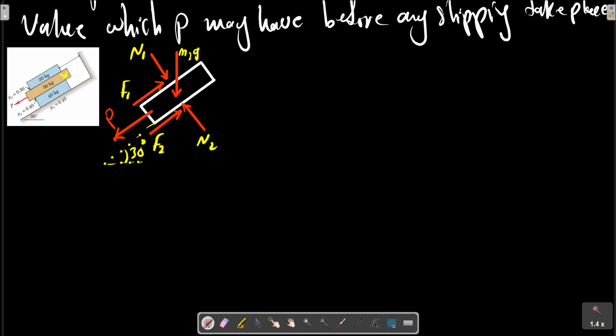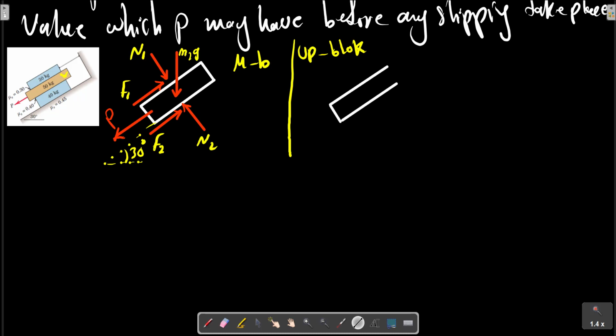Now the upper block's free body diagram should be related to the forces shown in the middle block. The contacting surface force is in the opposite direction.